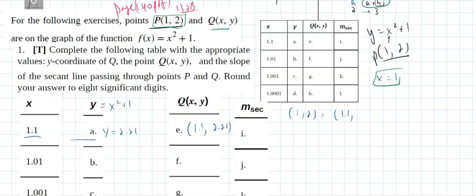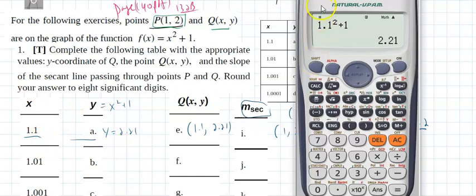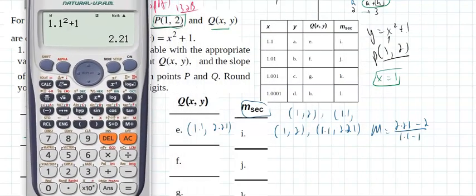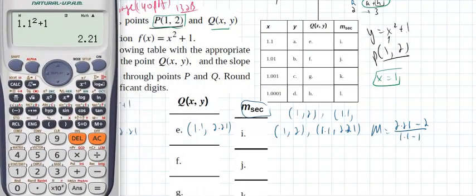So in the first case, I'm trying to find the slope of the secant between 1, 2, and 1.1, 2.21. The slope will be y2 minus y1 over x2 minus x1. And if I take my calculator out and figure out what those are, and of course I'm going to show you a small shortcut to this whole mess.